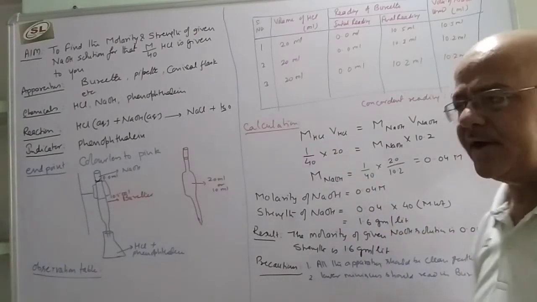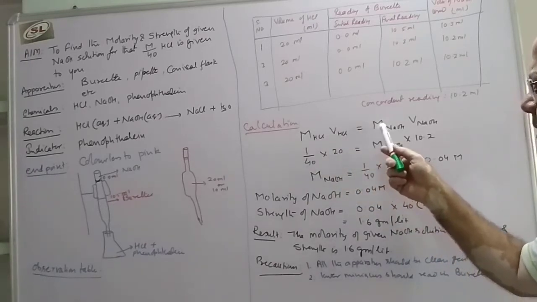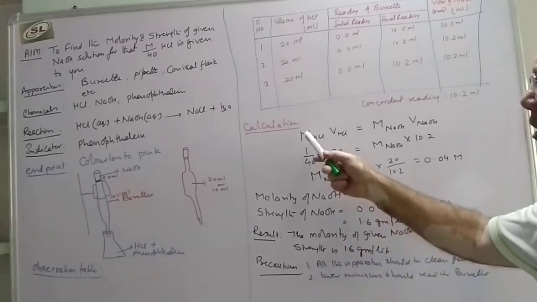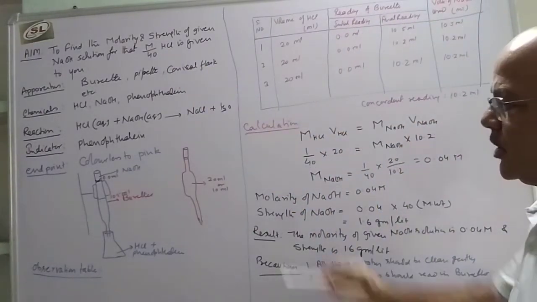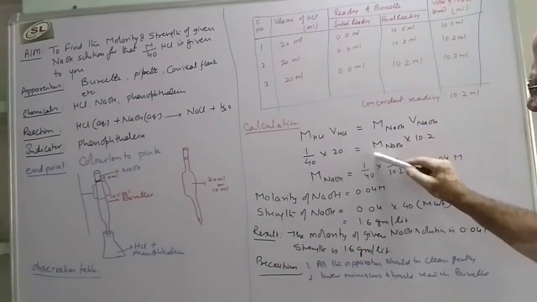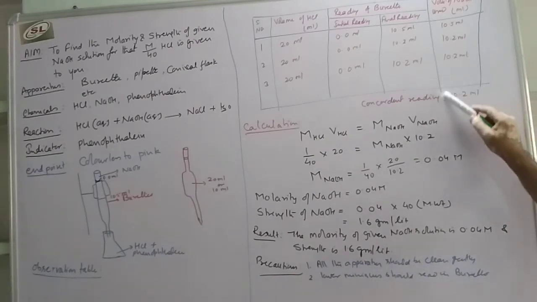What calculation can we do? Molarity of HCl, volume of HCl, molarity of NaOH and volume of NaOH. Molarity of HCl is given to us as M/40. 20 ml HCl we have used. Molarity of NaOH we have to find out, and the volume of NaOH used is 10.2.